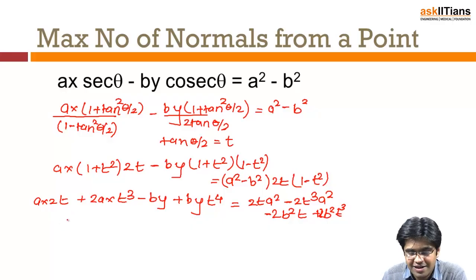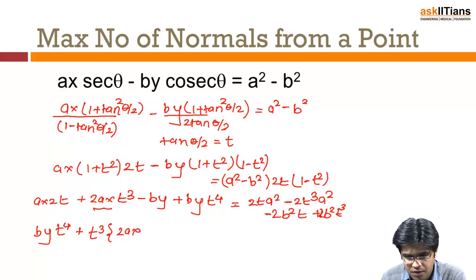Now again it's a very weird equation, so let's try to write it in the actual polynomial form. So by t to the power 4. Now I'm going to collect t cube terms. So t cube: 2ax, this term, then this term, plus 2a square and then this term, minus b square, minus 2b square.